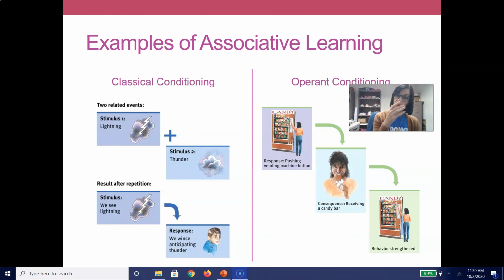I am probably going to be less likely to use that vending machine in the future, specifically because I did not receive any candy. So operant conditioning is basically learning to make an association between a particular behavior and the consequences or the outcome of that behavior.